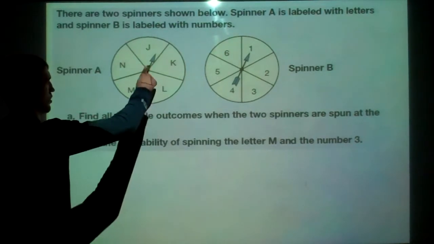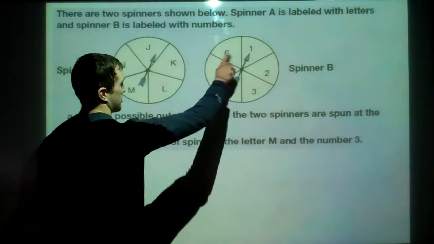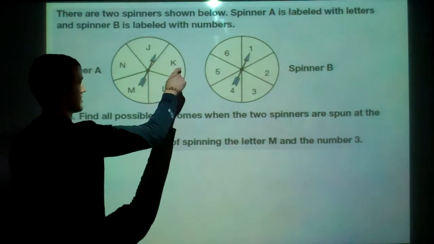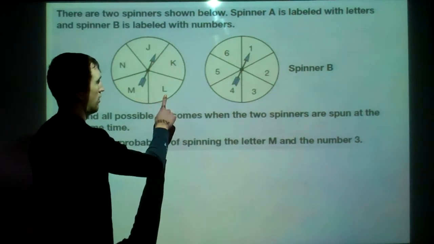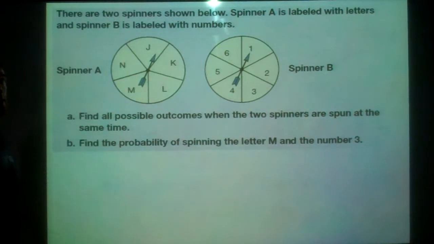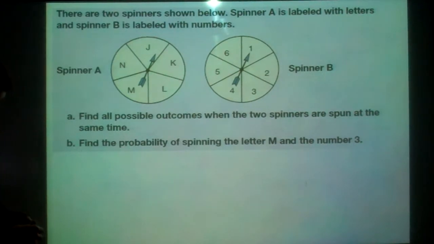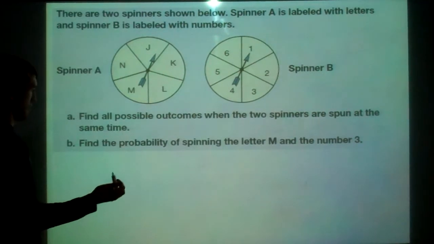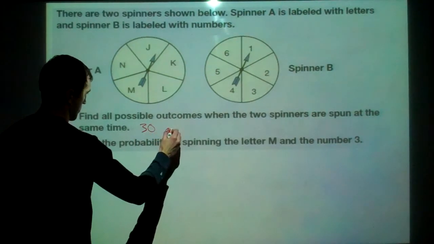So let's say we would spin a J, and then we would have 6 numbers that could go with J. We would have 6 numbers that could go with K, 6 numbers that could go with L, 6 numbers that could go with M, 6 numbers that could go with N. So basically what we would have here is 6 times 5. So there should be 30 outcomes.